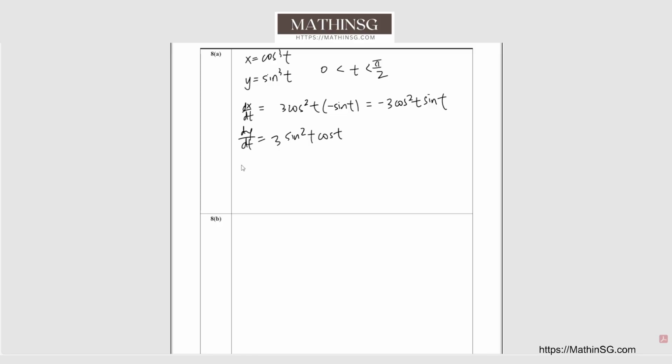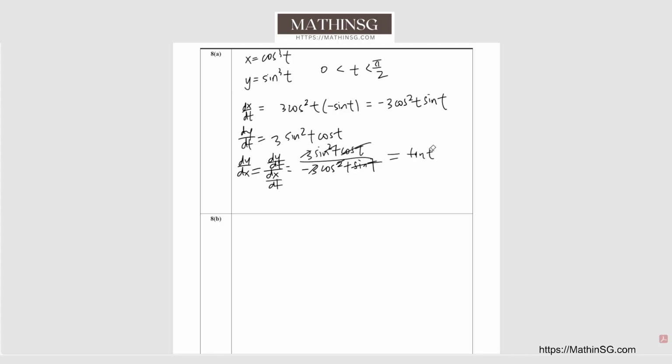Okay, next dy/dx is basically dy/dt over dx/dt. So you have 3 sine squared t cos t over minus 3 cos squared t sine t. Okay, so the 3 can cancel, one of the cosines can cancel, so you'll be left with sine t over cosine t, which is your tangent t.